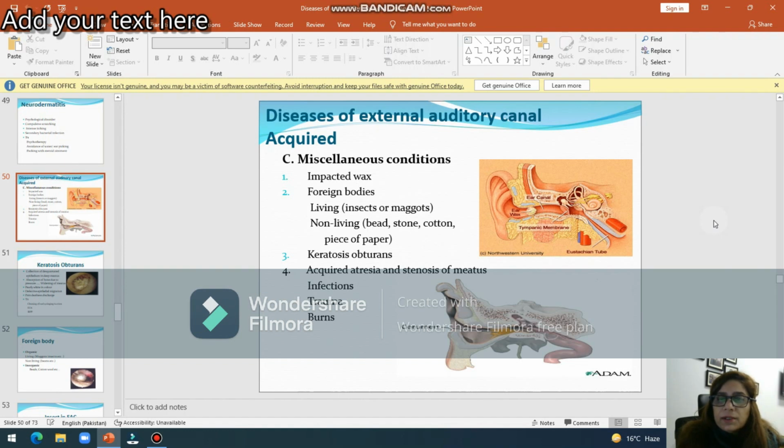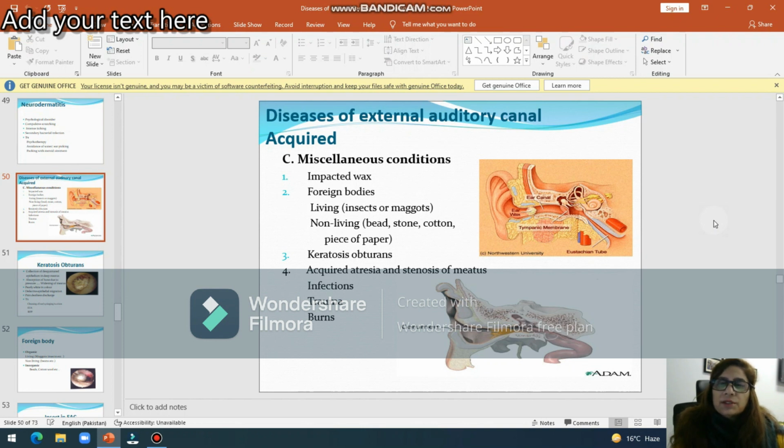We will assess the inner ear function, and we will see the inner ear through CT scan. If the inner ear is normal, then we will remove this atretic plate. We will remove the atresia of the external auditory canal because it is causing conductive hearing loss. Stenosis means narrowing. If the inner ear is normal, you can do meatoplasty to improve the conductive hearing loss.